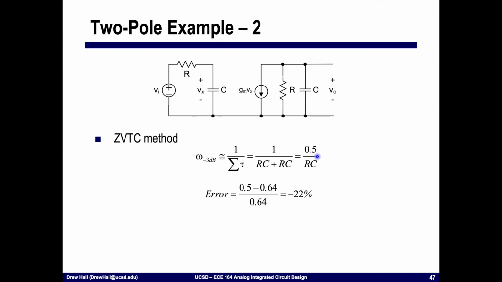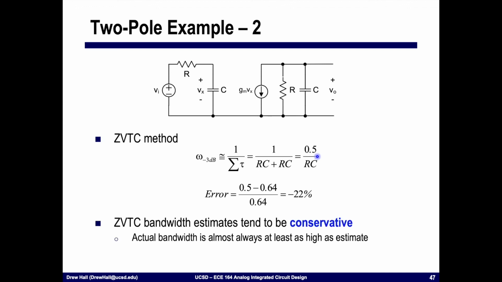Okay? And so what this says is that ZVTCs are a pretty powerful technique to very quickly estimate the bandwidth, and very importantly, it's a conservative bandwidth estimate, as the actual bandwidth will almost always be higher than this.